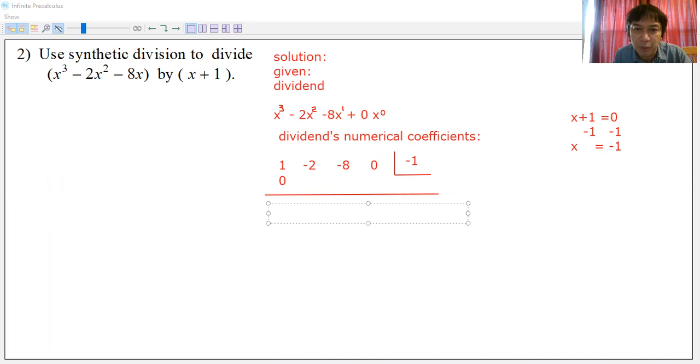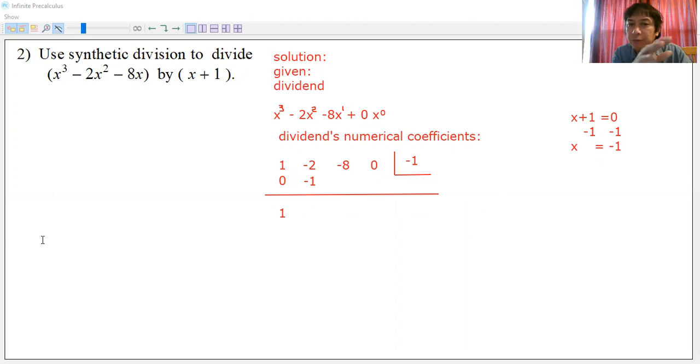So 1 plus 0 is 1. And then the next thing to do is get the product of this number 1 and your trial divisor. So it's 1 and -1, so it's a -1. So this will now be a -1 product there, and it will be written to the next column.